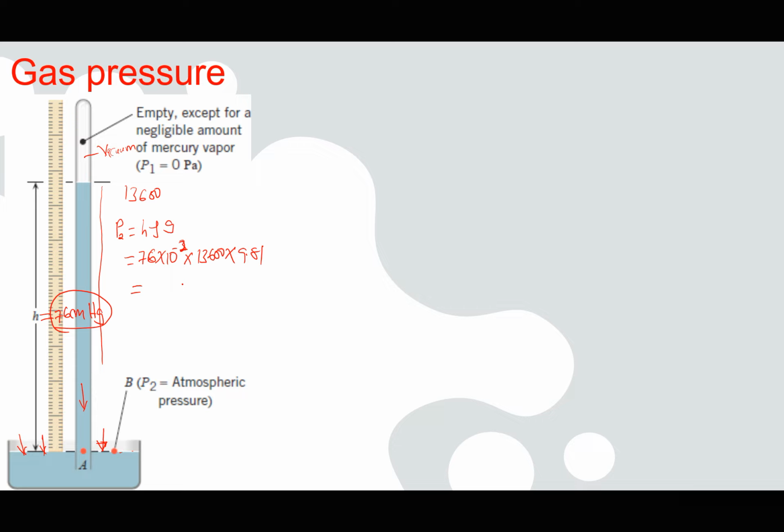So 76 times 10 to the power of minus 2, times 13,600, times 9.81. This is 1.01 times 10 to the power of 5 pascals.